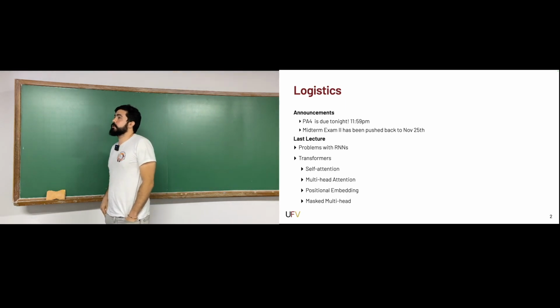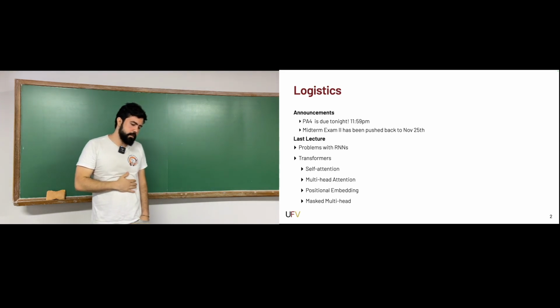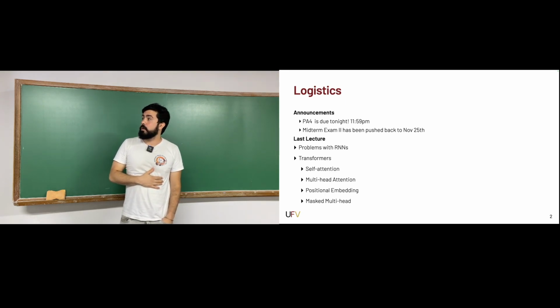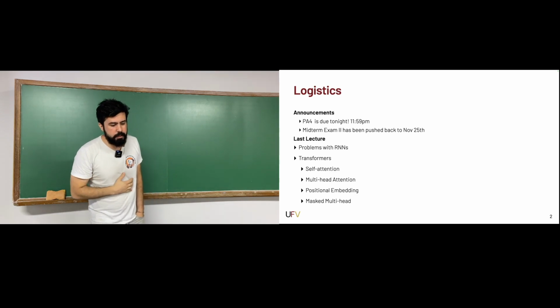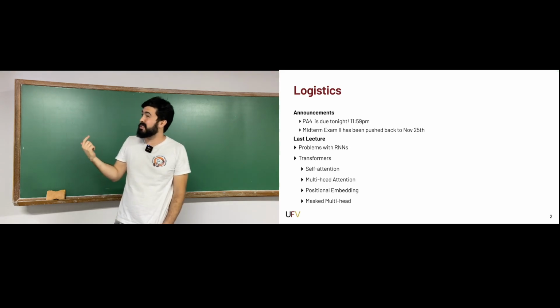But yeah, last time we were talking about transformers. We motivated them from the RNN's perspective. We saw that RNNs have a bottleneck when you are doing machine translation because you have to pass the hidden state from the encoder to the decoder.